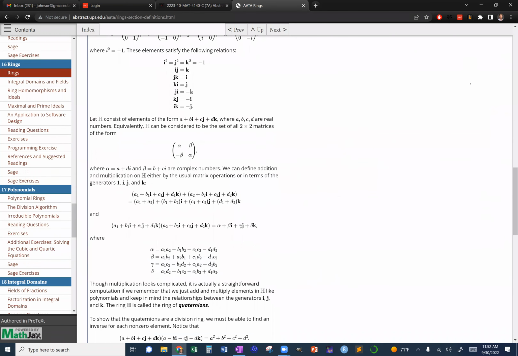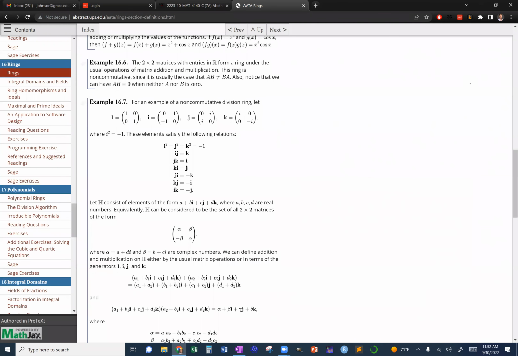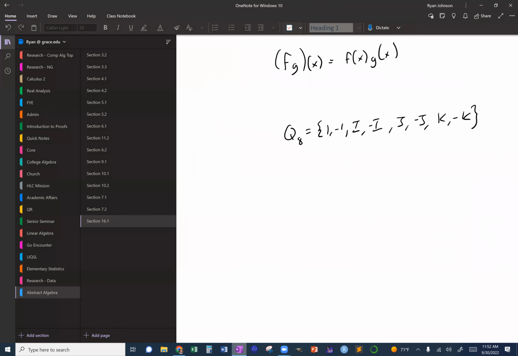We use blackboard bold H for the quaternions because they were developed by a guy named Hamilton, not Alexander Hamilton, a different Hamilton from Ireland. We use the fancy H in his honor.